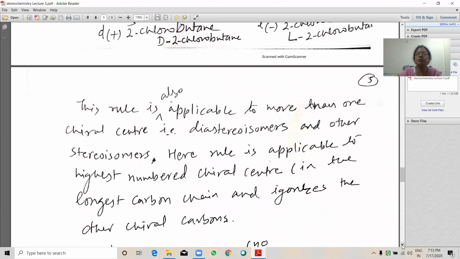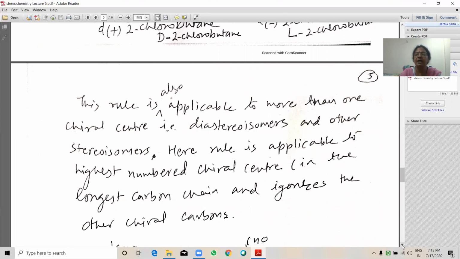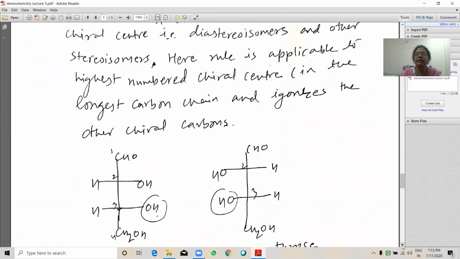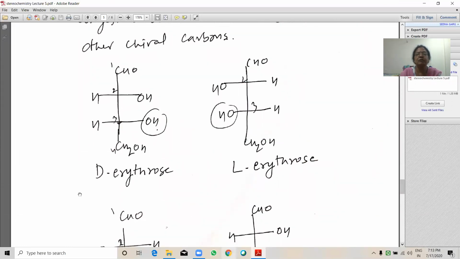This rule is also applicable to more than one chiral center, that is, diastereoisomers and other stereoisomers. Here the rule is applied to the highest numbered chiral center in the longest carbon chain and ignores the other chiral carbons. This is erythrose. Here the highest chiral carbon is this third chiral carbon, right?